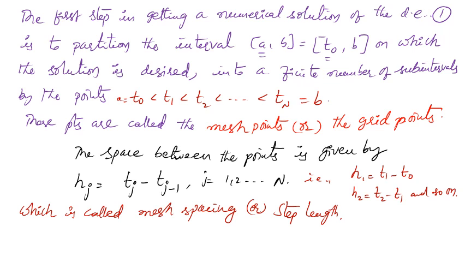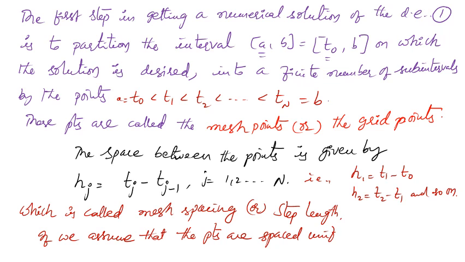Now if we assume that the mesh space is constant, that the points are spaced uniformly, that means hj is a constant value.